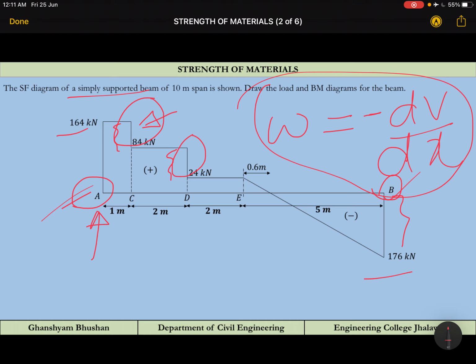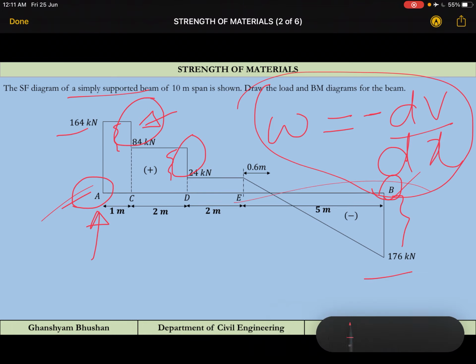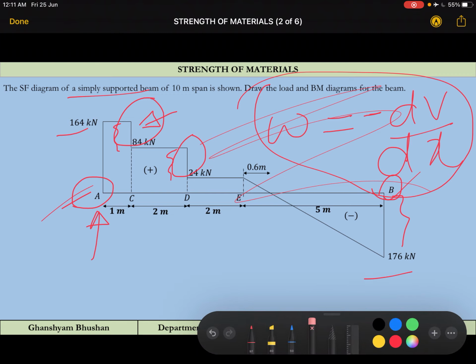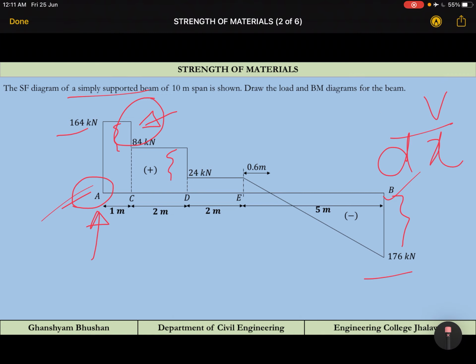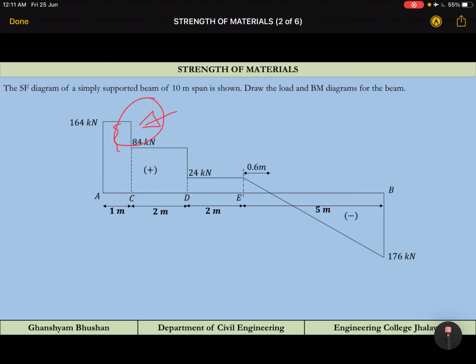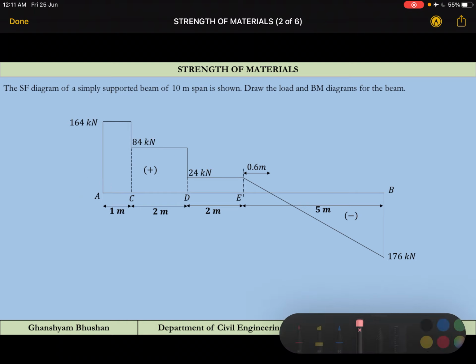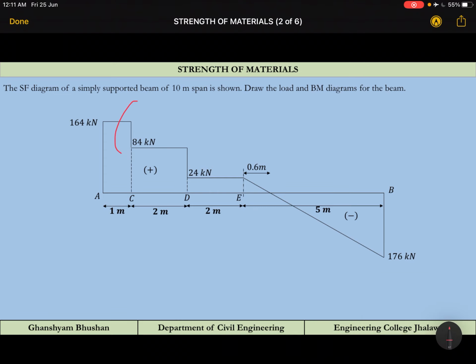So we have seen two or three things here. First, there is a concentrated load at C and D. You can see a concentrated load here, and here also. Here also there is a jump, but this is the end.